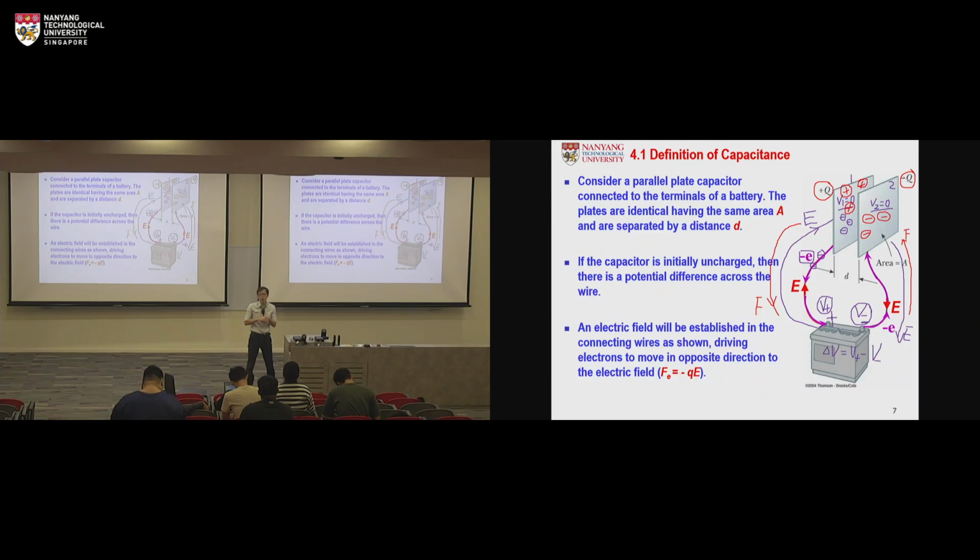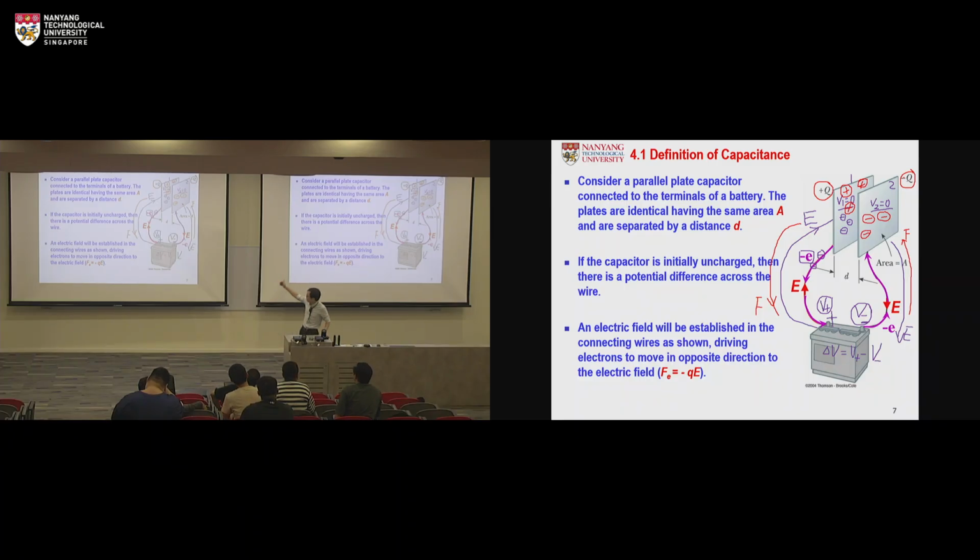That is to say, the charging process will stop at a certain point. So now, based on the analysis we just did, can you tell me what is the defining condition for the capacitor to be fully charged? What is the defining condition?